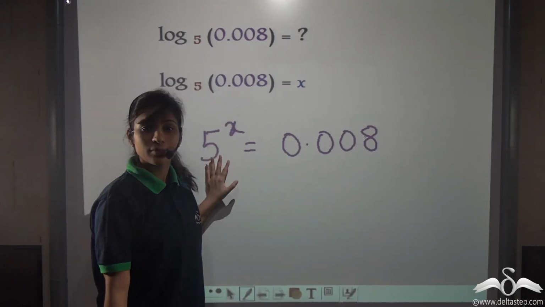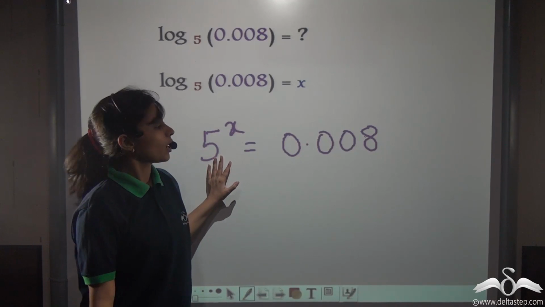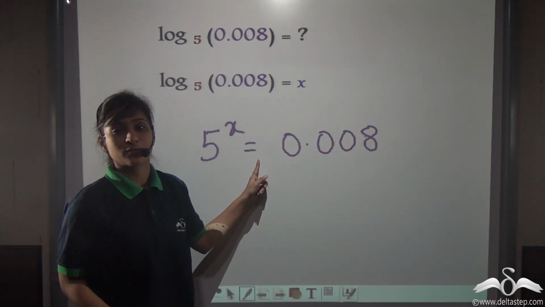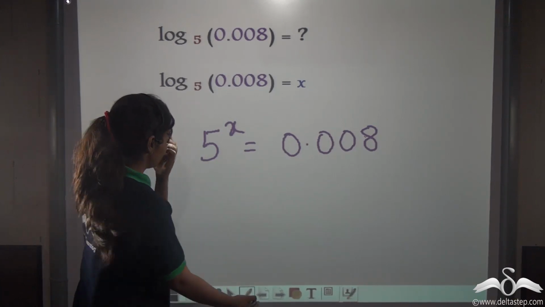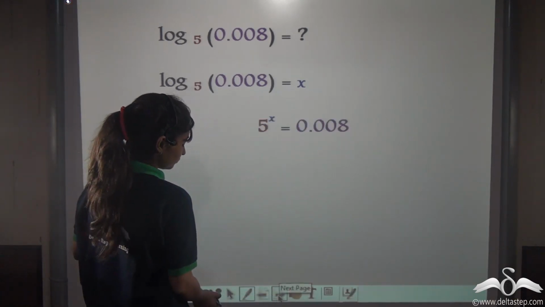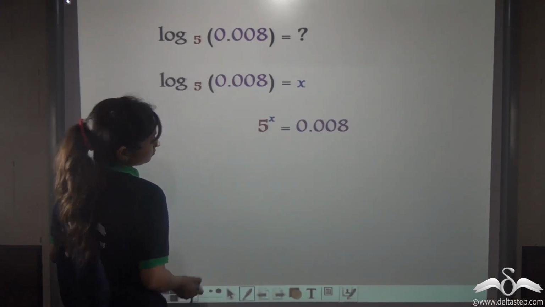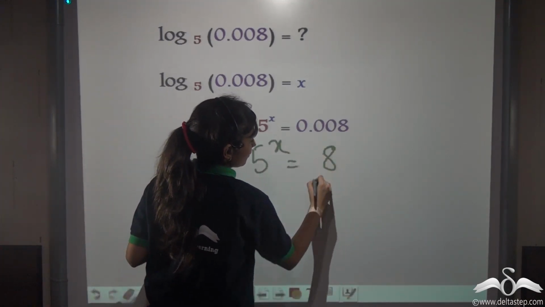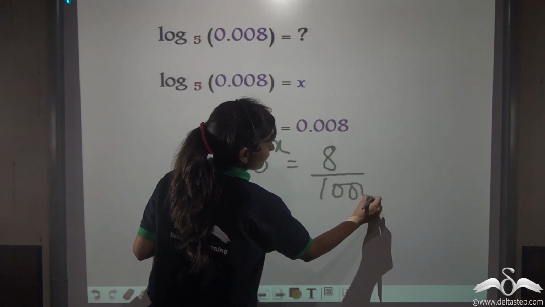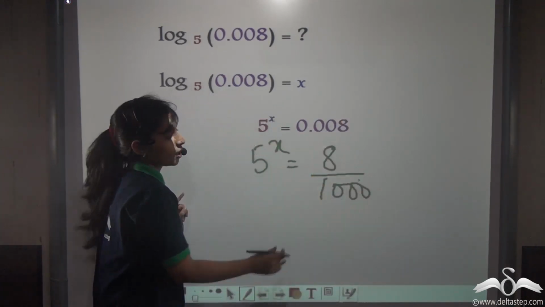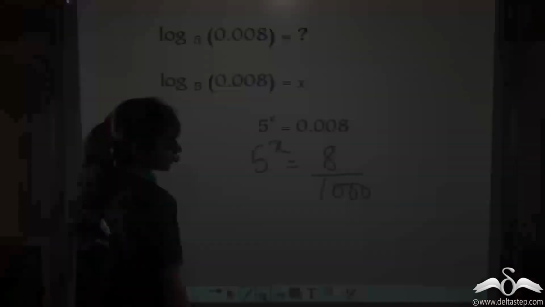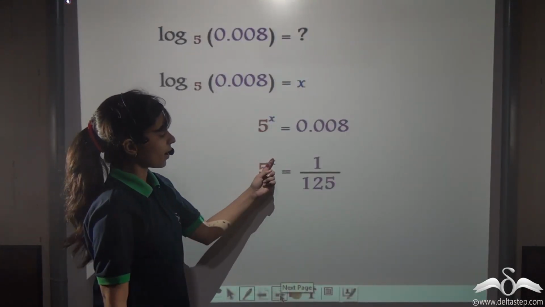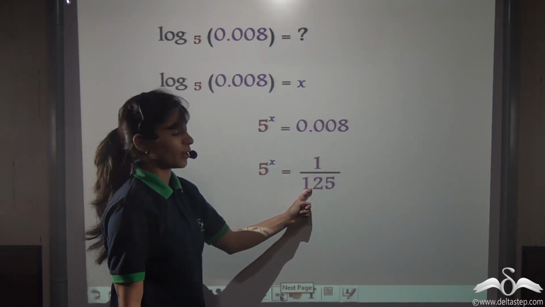It does not come in the table of 5. How will you do this? Well, convert this decimal into fraction and see if it helps you. Well, 5 to the power x is equal to 8 by 1000. I've converted the decimal to fraction. Now cancel this out. What will you get? You get 5 to the power x is equal to 1 by 125.